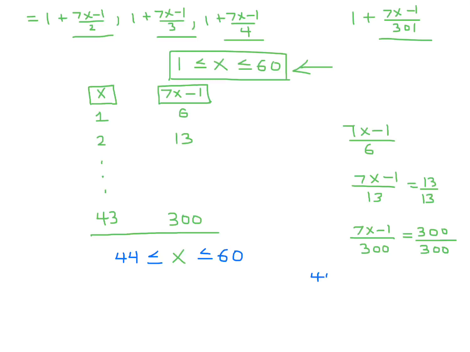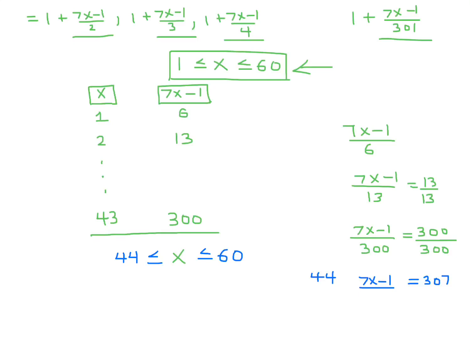If you have an even number, first of all, like 44, what do I get for 7x minus 1 over, well, we don't know the denominator yet, right? 7x minus 1 when x is 44 is 307. Okay? Any problems there? No, because we never get to a denominator of 307.